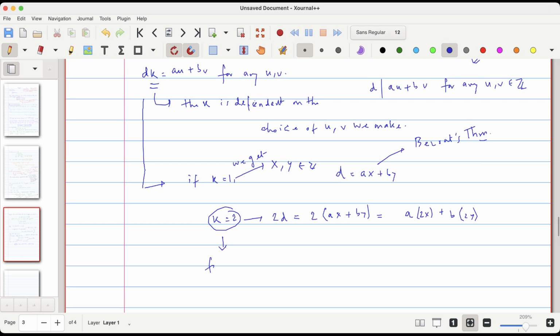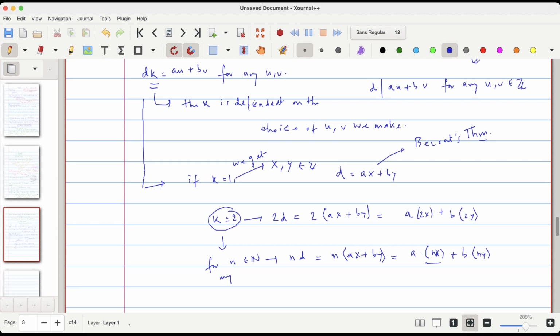Similarly, for any natural number n, if I write nd, I can write it as n times ax plus by, which follows from Bezout's theorem, which accordingly I can write as a into nx plus b times ny.